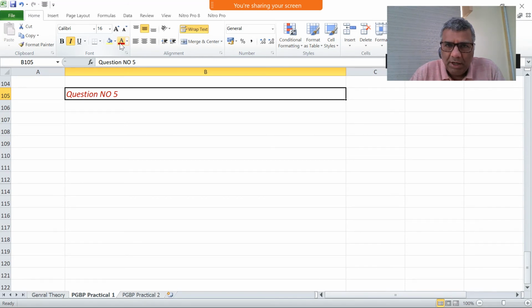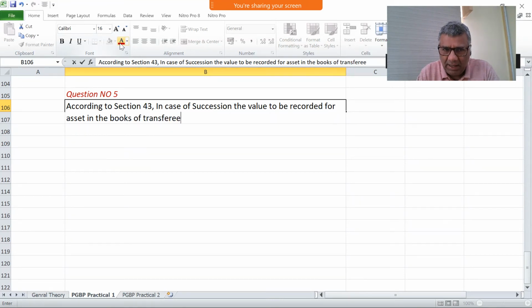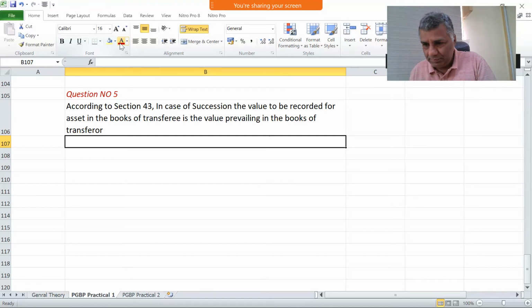First, let me break the last line. According to section 43, in case of succession, meaning amalgamation, demerger, all types of conversion, the value to be recorded for the asset in the books of the transferee is the value prevailing in the books of the transferor.